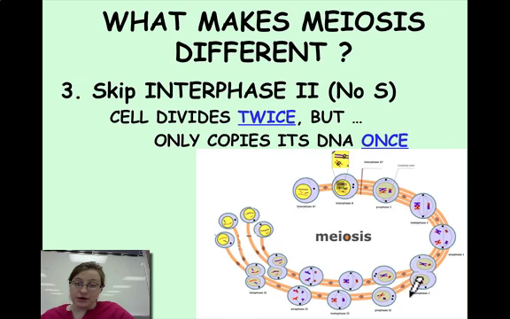Right here is the dividing line between the first division and the second division. Now, if we were doing 2 full cycles of the cell cycle, at the end of the division, we would have gone right back into interphase.